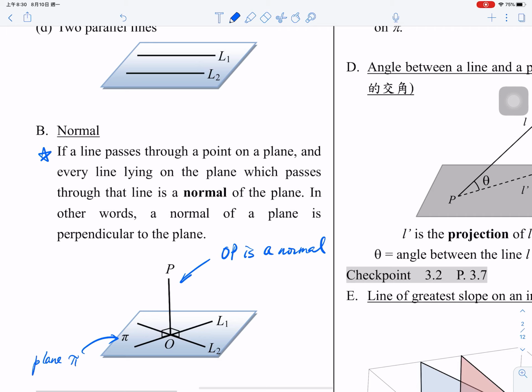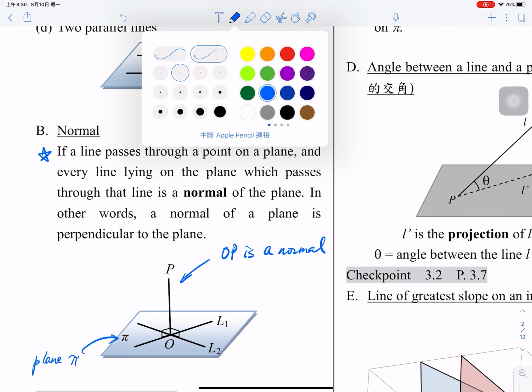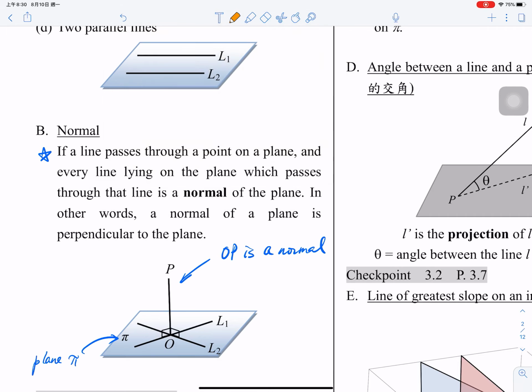If I add another straight line, for example here, L3, actually OP is also perpendicular to L3.